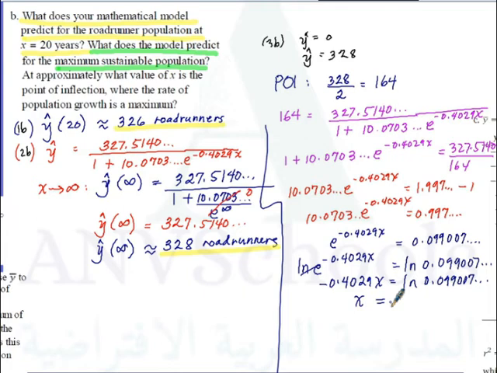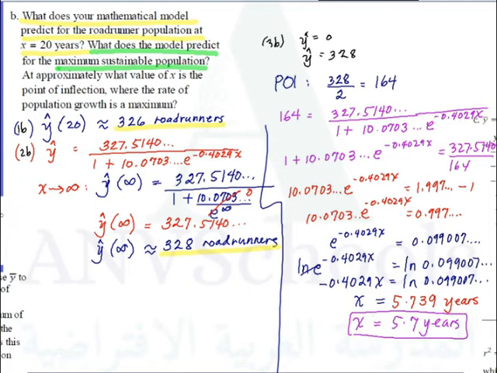This is approximately 5.739 years. So the point of inflection occurs at x approximately equal to 5.7 years.